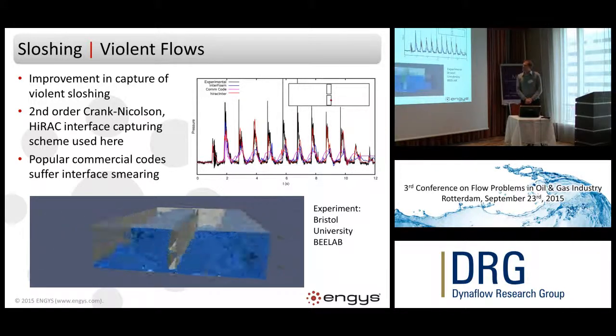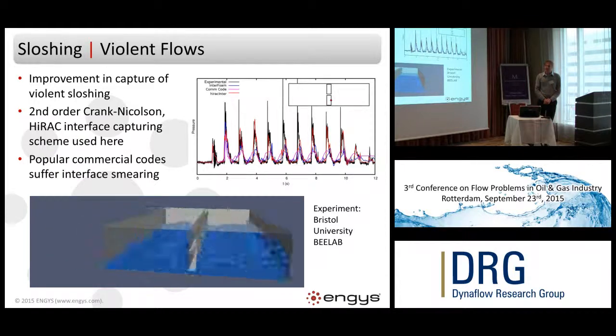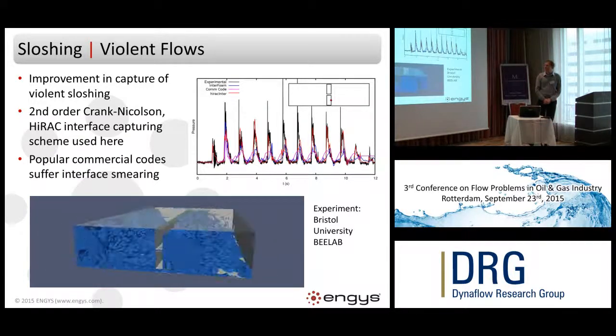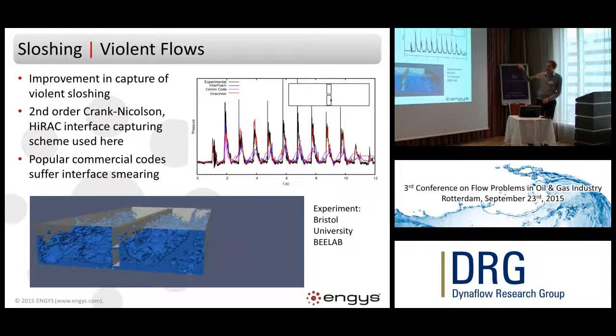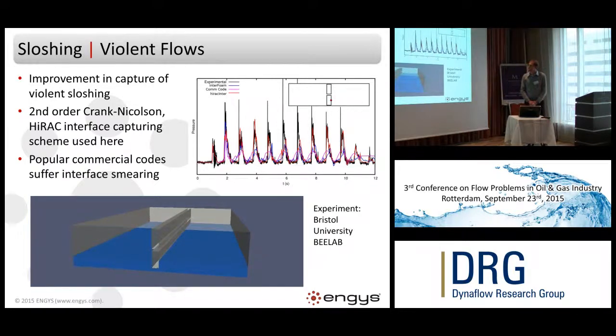And in this particular example, we found that some of the commercial codes struggle quite badly with smearing of the interface, to the extent that you can see what happens with the purple line of the pressure tap, that it just starts to smear out into more or less a sine wave type of thing.